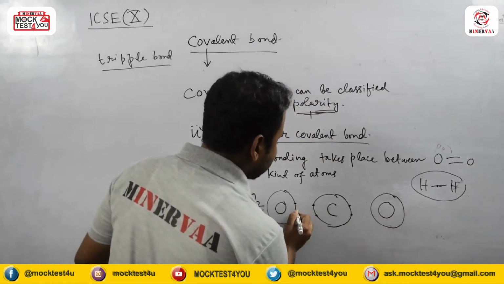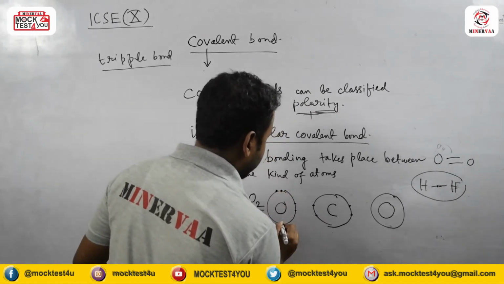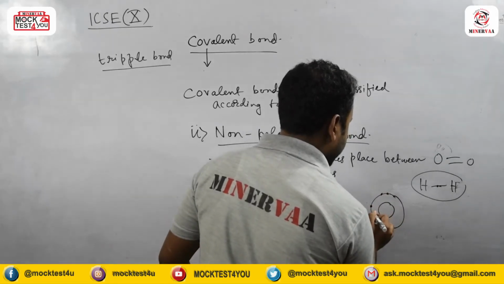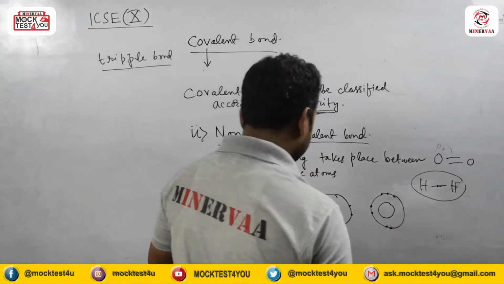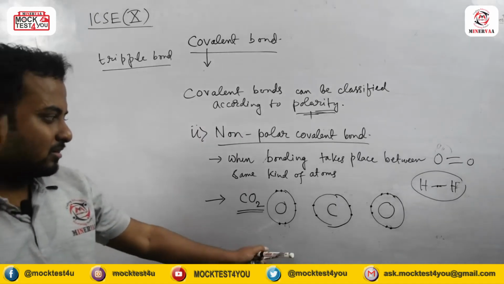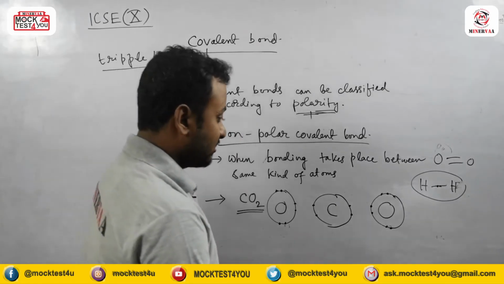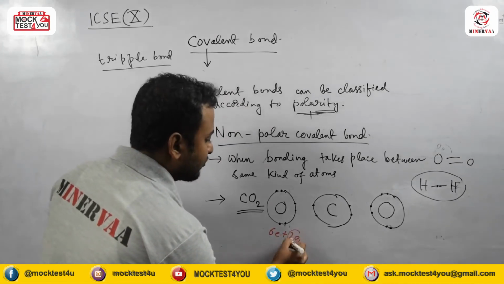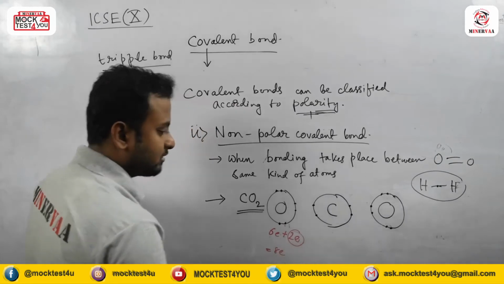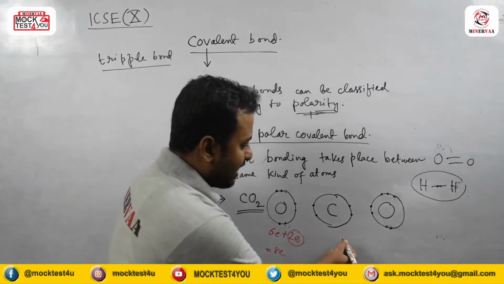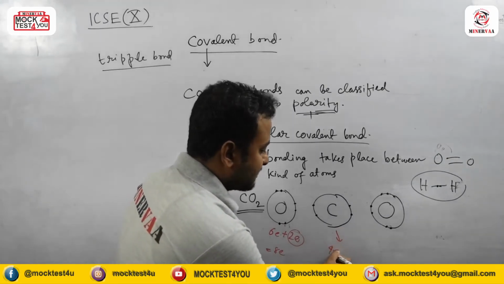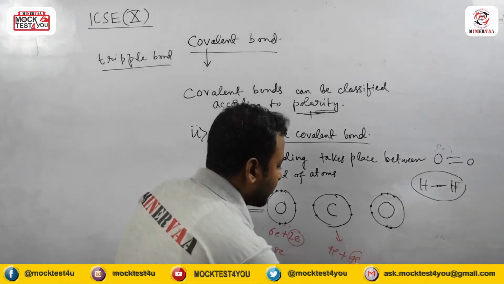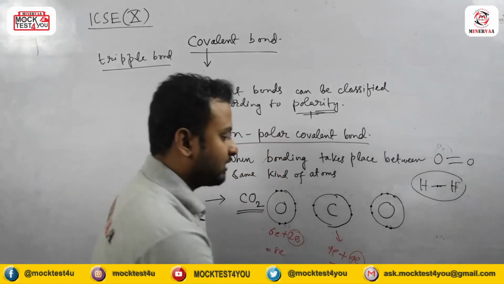You can work it out yourself, that oxygen has 6 electrons. It needs 2 more electrons to complete its octet. And carbon has 4 electrons in the valence shell, so it needs 4 more electrons to complete the octet.